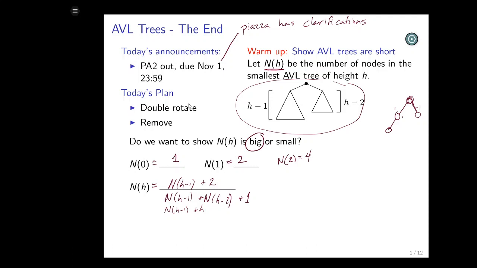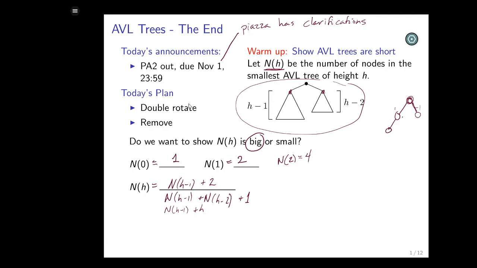Okay, so here's a child of height H minus 1. What about the other child? What constraints are on the other child? Yeah, there's the balance condition. There's a difference between the heights that has to be within 1. So I know that the other child has to be of height at least H minus 2.